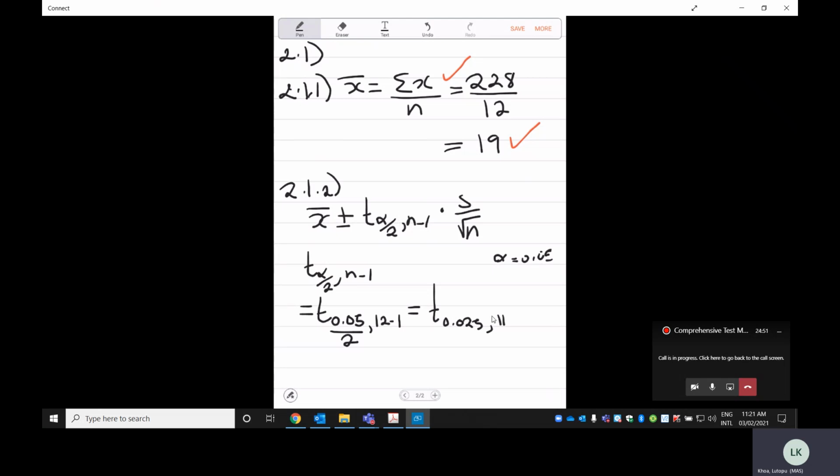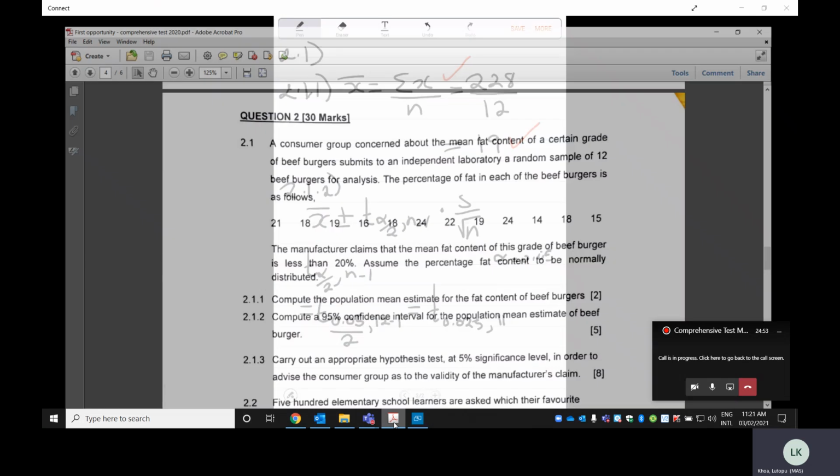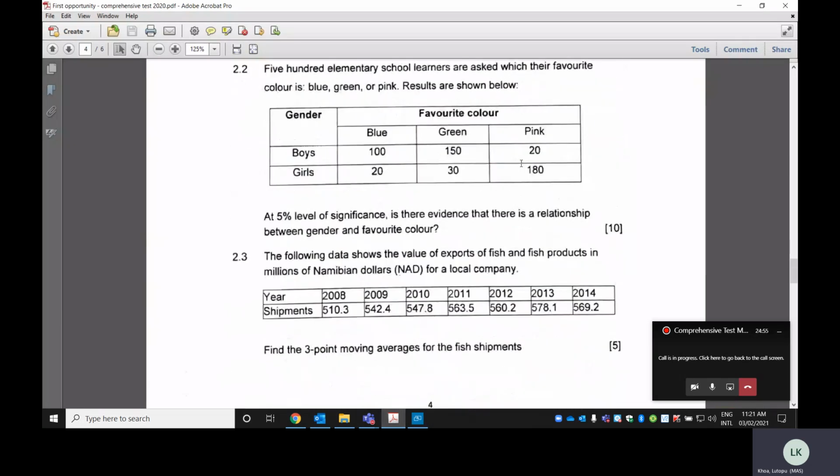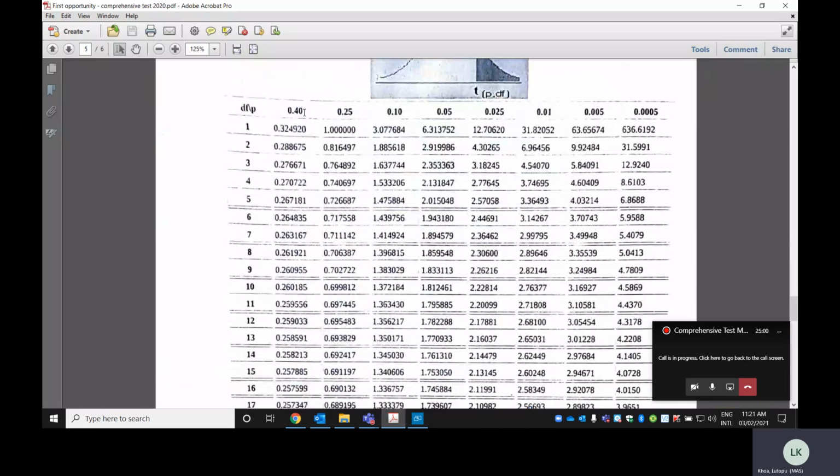So this is what we are going to read from our table. So let us go to our T table. Okay, so here are the T values: 0.4, 0.25, 0.1, 0.05, 0.025. So this is the column that we are interested in. And then the degrees of freedom are 11. So our T value is this, 2.20099.